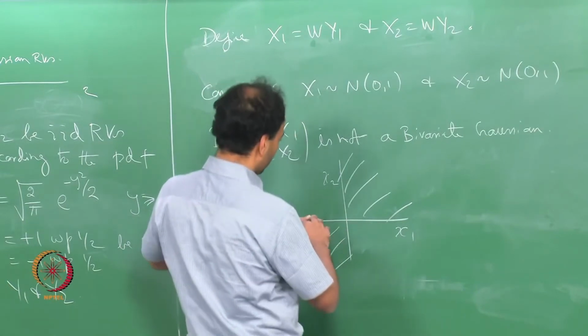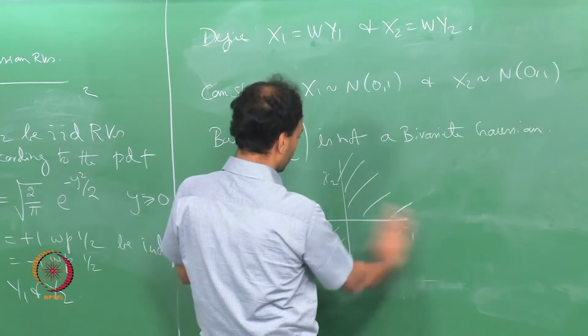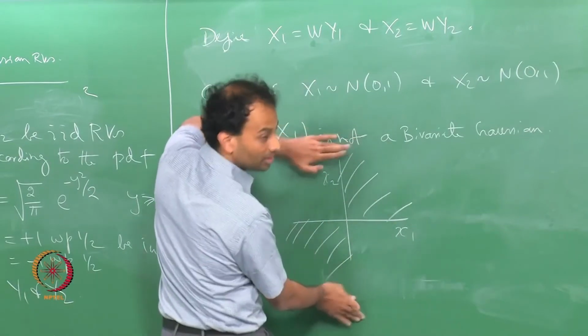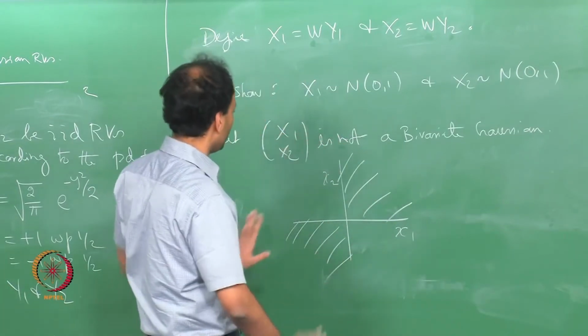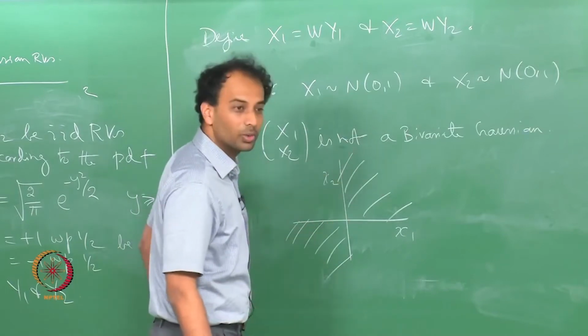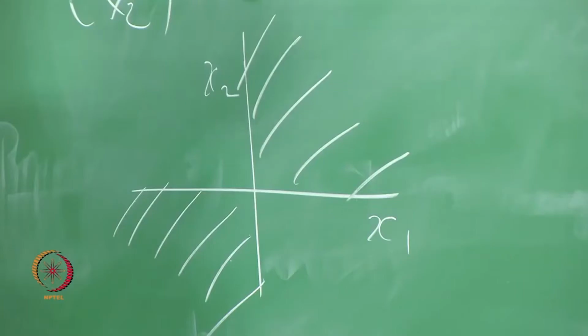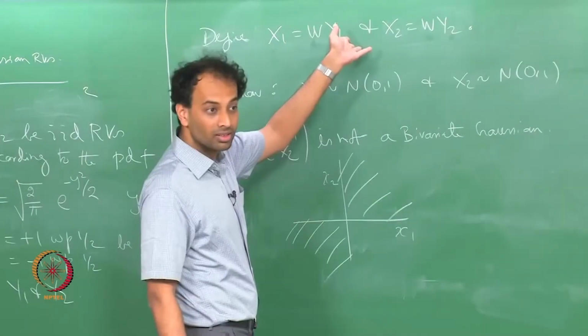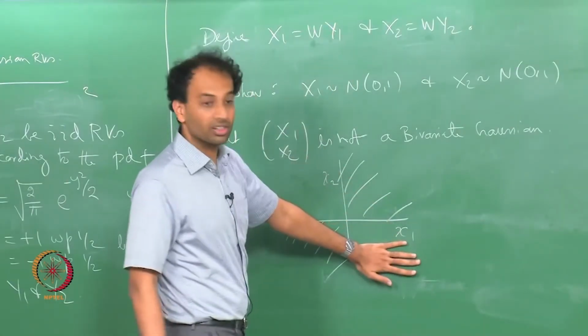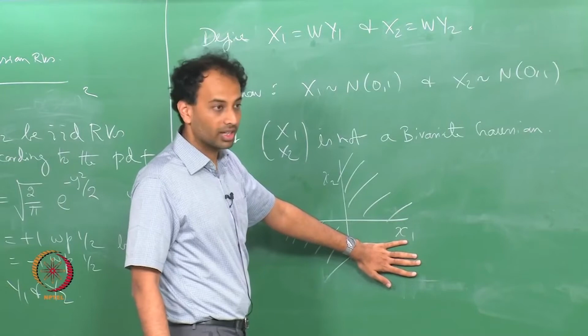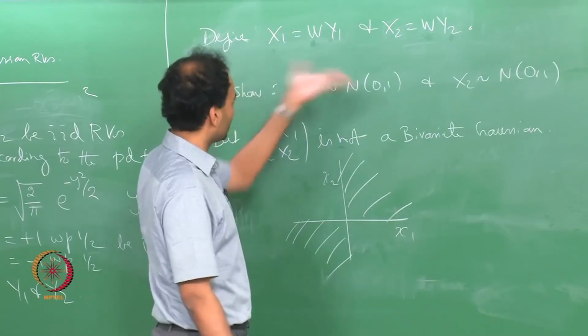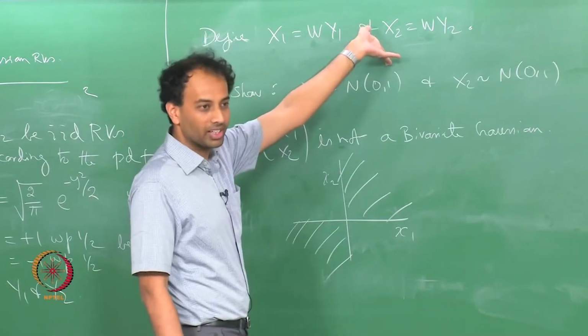So, x1 alone is a standard Gaussian, x2 alone is a standard Gaussian, but the joint density is only constrained to the first quadrant and third quadrant by construction. The density is 0 here and here, agreed. In particular, x1 and x2 are certainly not independent.